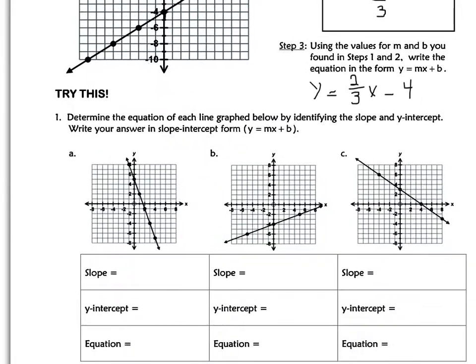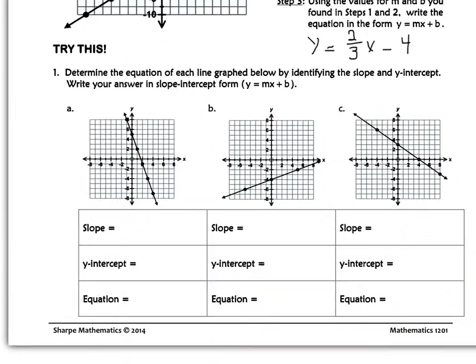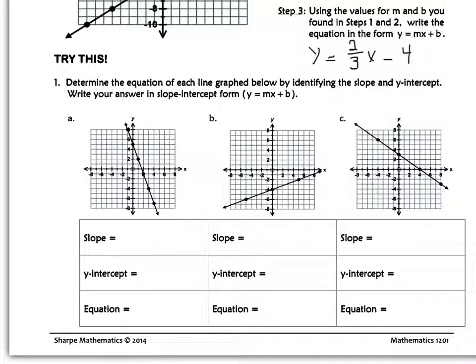So now we're going to find the equations of these graphs that are provided here. The first one, checking each of those graphs, they all have the same scale on the x and y axis, so we can count rise over run using every block as one unit.